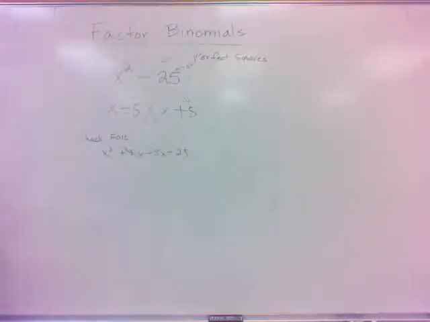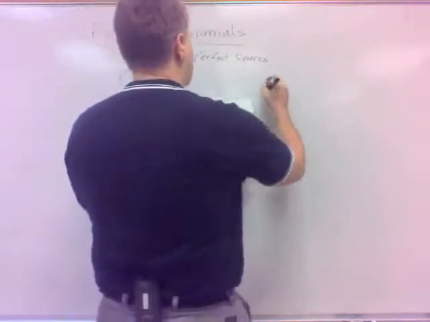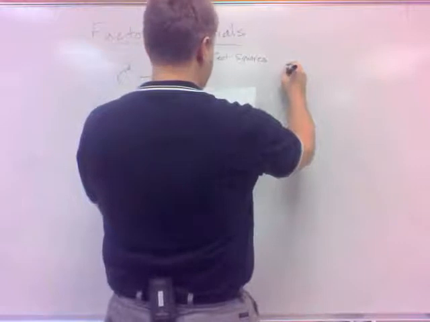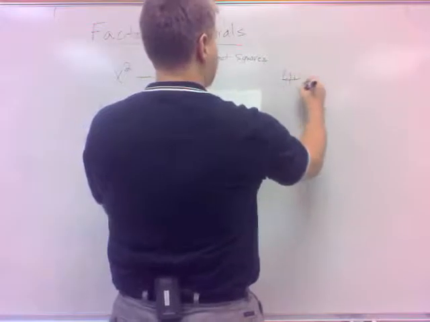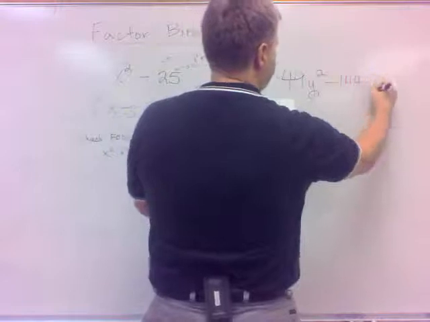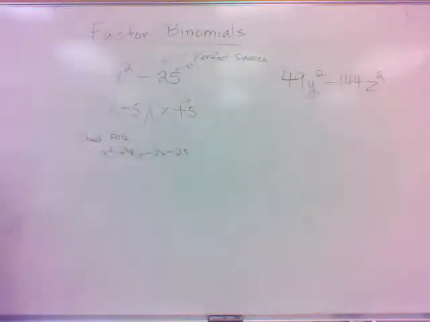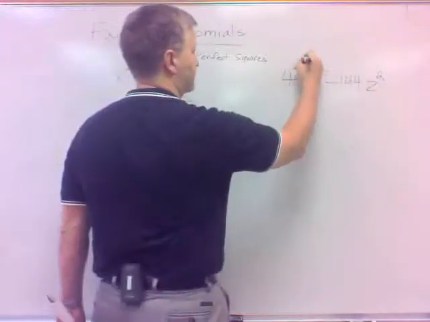Okay? Just identifying that it is squares is the name of it. All right. So again, here's binomials, two terms. And are these squares? 49, is it a square? 7 squared? 7 squared is 49.